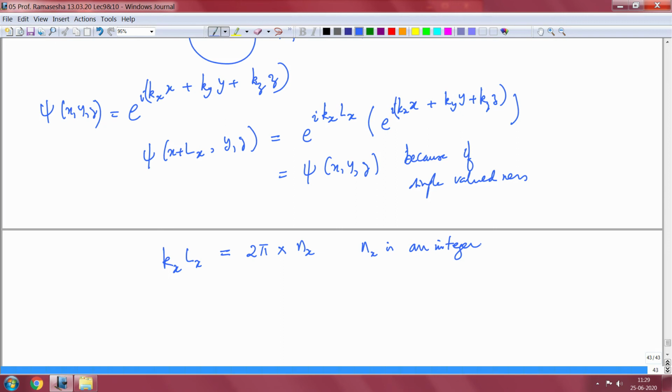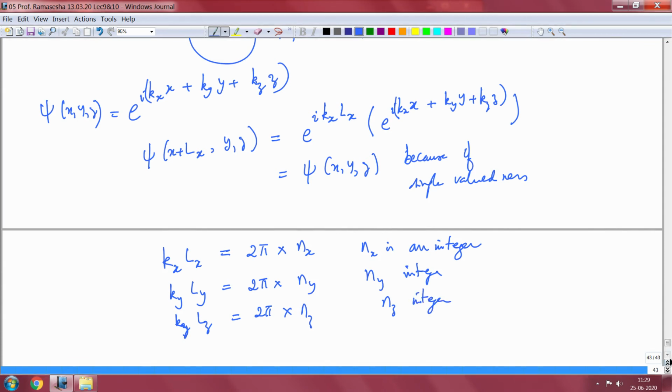I can use the same boundary conditions in the y direction and in the z direction, in which case I will get ky Ly equal to 2 pi times ny, and kz Lz equal to 2 pi times nz, with ny and nz integers.